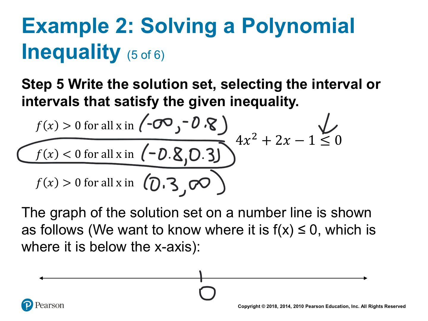So if I make a number line here, all we care about is that middle interval. So negative 0.8, and this time we're going to have brackets because it was less than or equal to, up to 0.3, about right there. So this is our solution set. Anything in the red is going to make that inequality true.